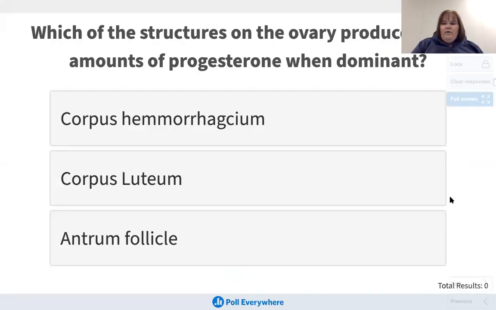All right, so again, this is based on last week's material. Which of the structures on the ovary produces large amounts of progesterone when dominant?